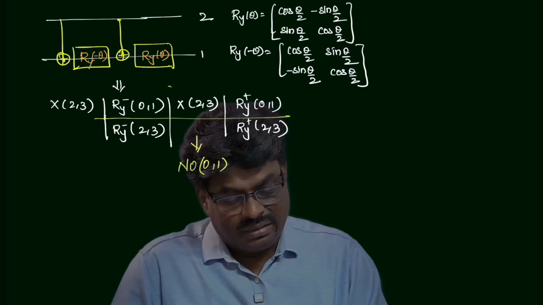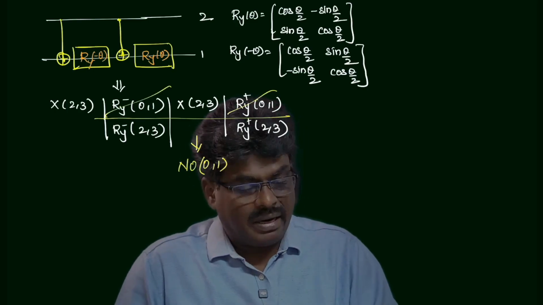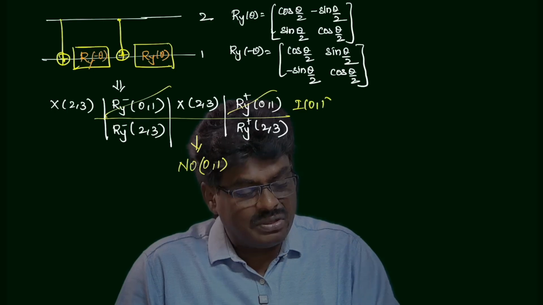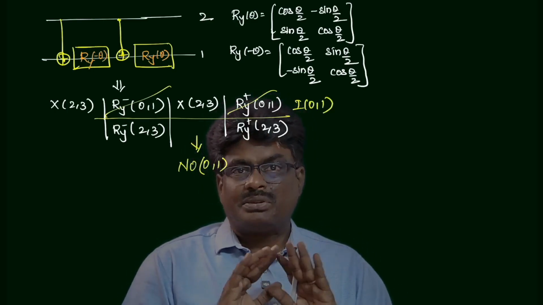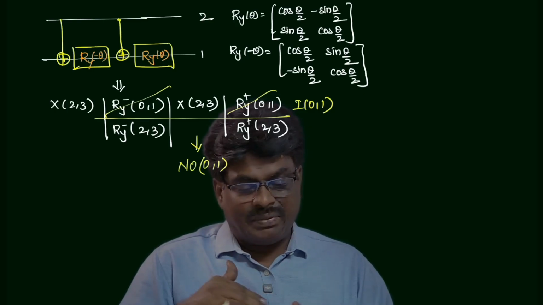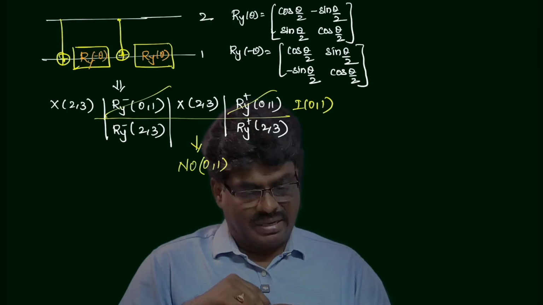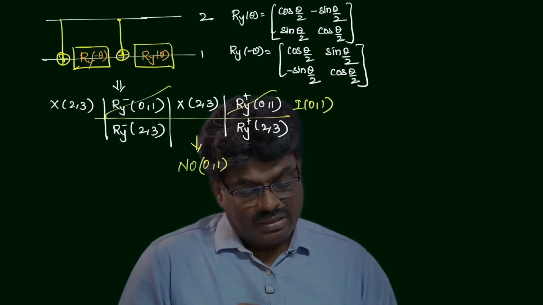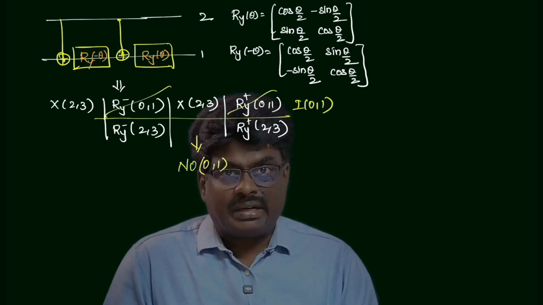So these two directly multiply and this becomes identity of 0 comma 1. 0 comma 1 is not changing. So only here the change is between 2 comma 3 only. Okay, so this one is quite interesting.